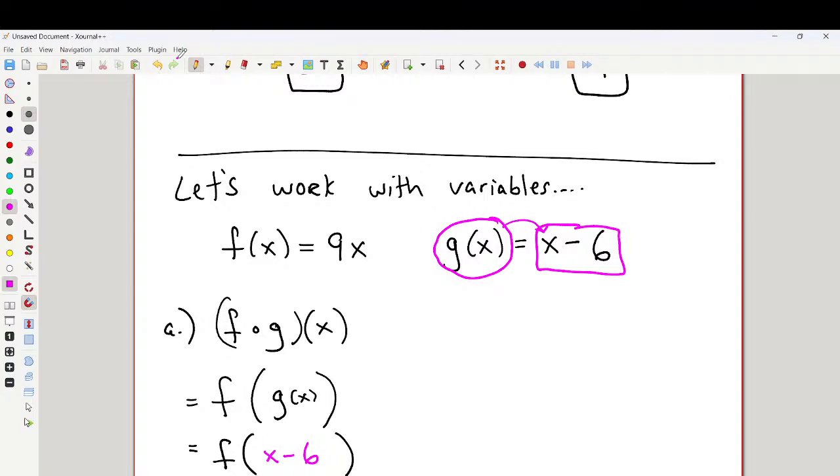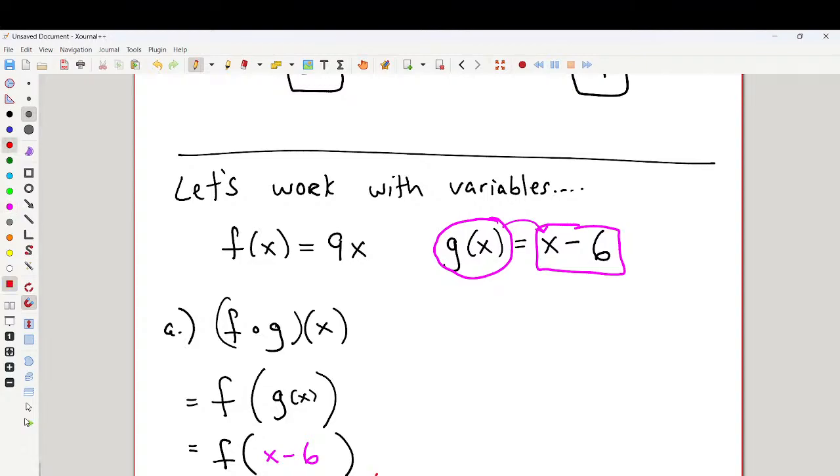All right. So where do we proceed from here? F has this expression. It doesn't have a number, but it has an expression. All we're going to do now is everywhere there's an x, replace it with this new expression, x minus 6. So let me write it, and then you can digest it. So F says, whatever you give me, I'm going to multiply it by 9. So 9, and we're given F, this group.